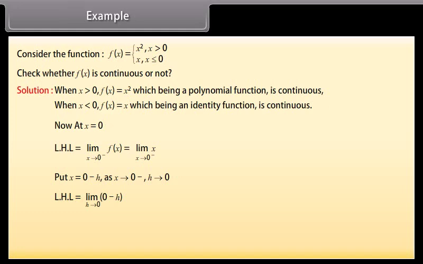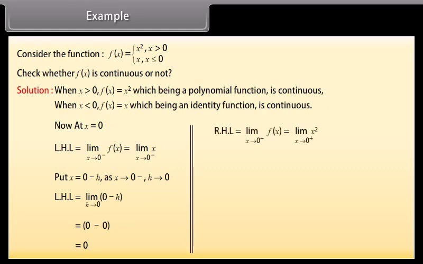Left-hand limit = limit as h approaches 0 of (0 − h) = 0 − 0 = 0. Right-hand limit = limit as x approaches 0 plus of f(x) = limit as x approaches 0 plus of x².